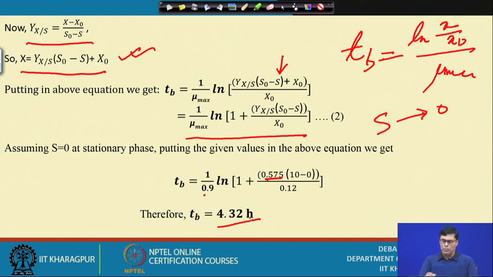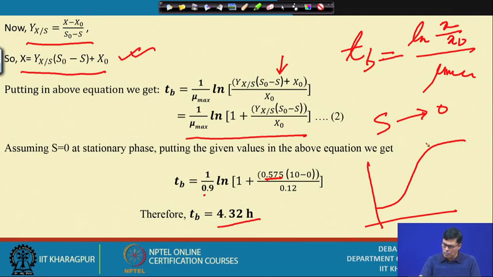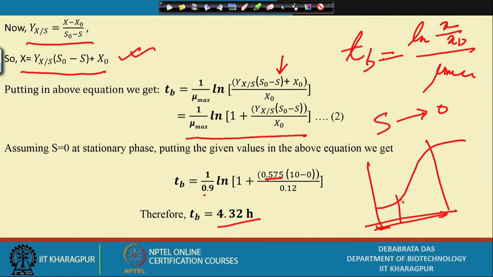That means this is how long it takes to reach the stationary phase, starting in the log phase initially. This is 4.32 hours that we can reach this stationary phase.